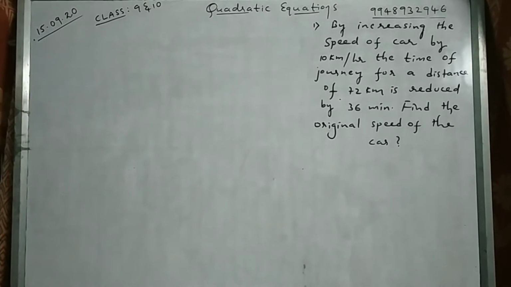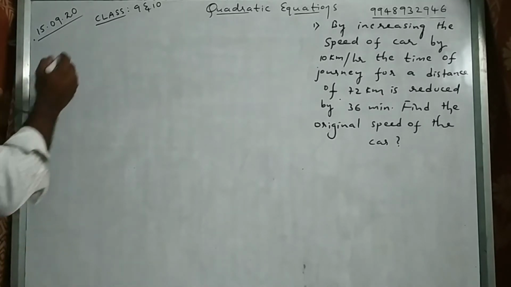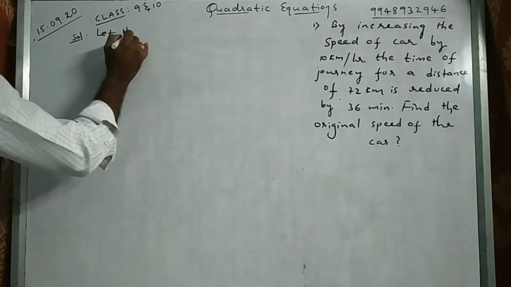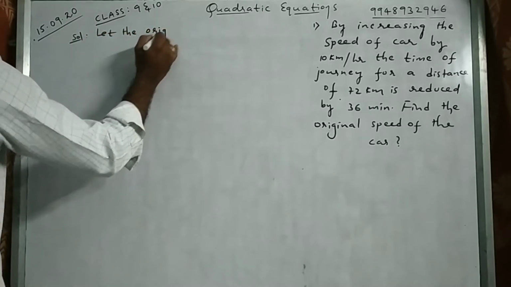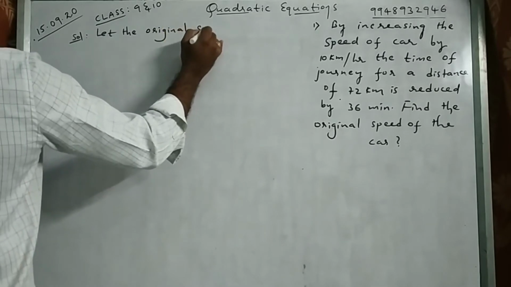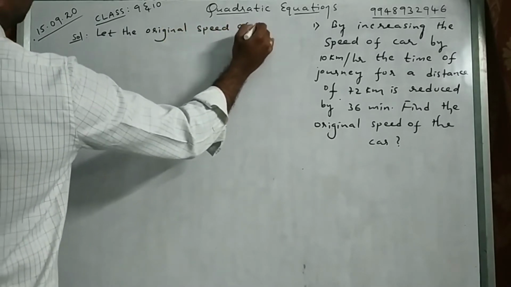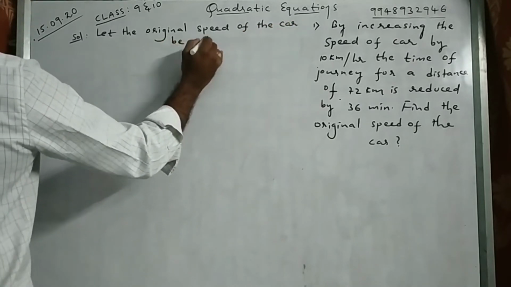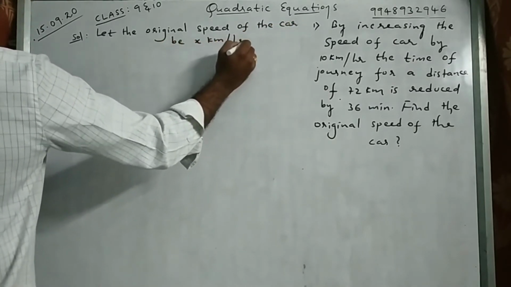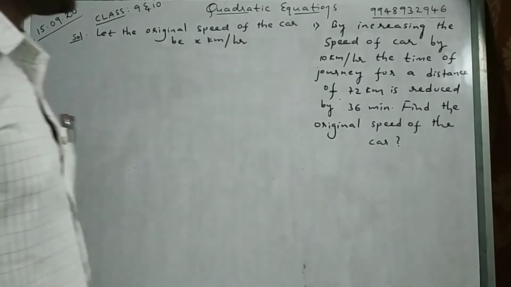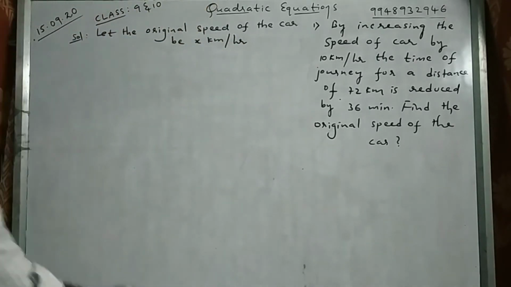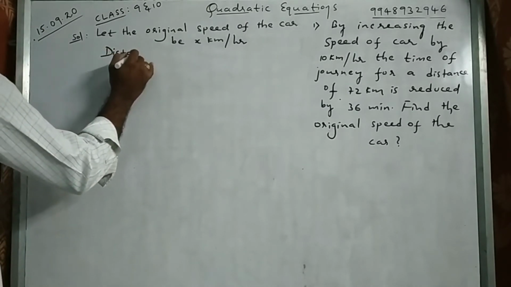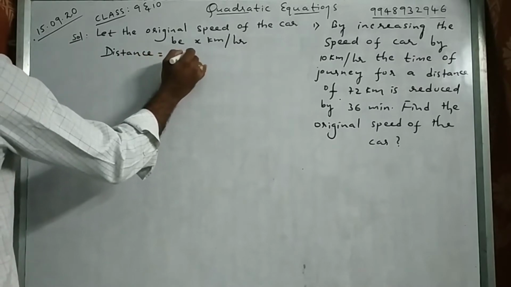You see here, let the original speed of the car be x kilometer per hour. So we have to find that. Now distance also is there: 72 kilometers.